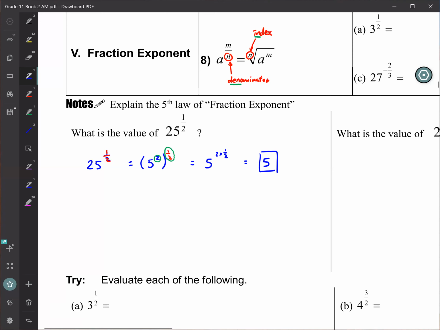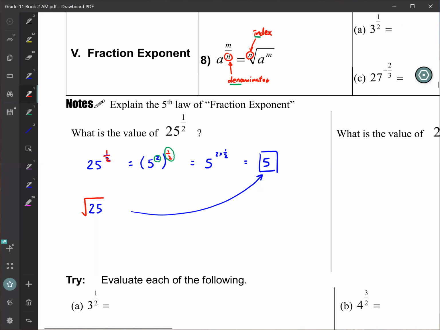So what other things can do the same thing? With 25 to the half, I want to put something on the 25 so it can also become a 5. The only thing that could work is having a square root.